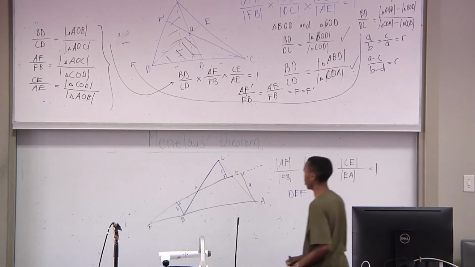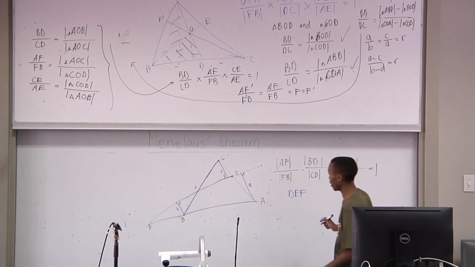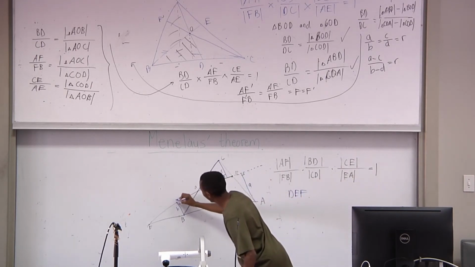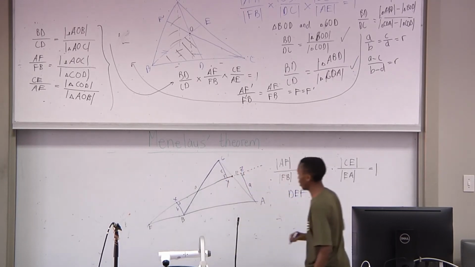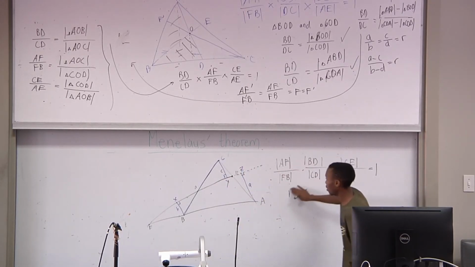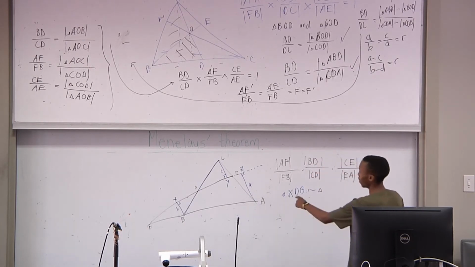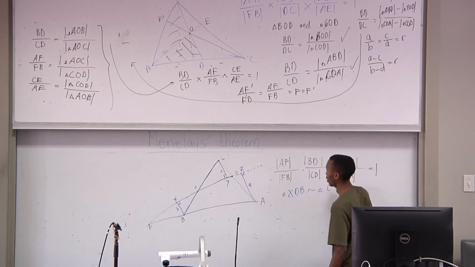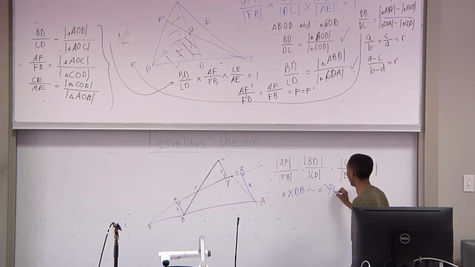So now what we can do here is find quite a few similar triangles. We can call this point X, this point Y, and this point Z. So you can see that triangle XDB is similar to triangle YDC.